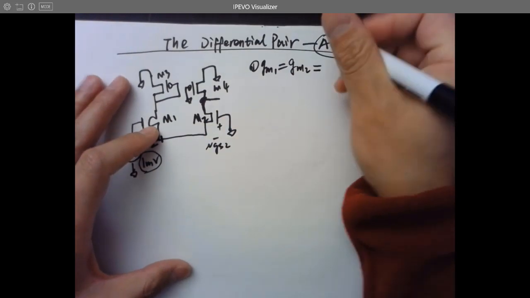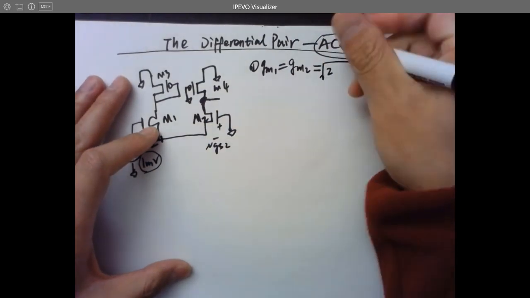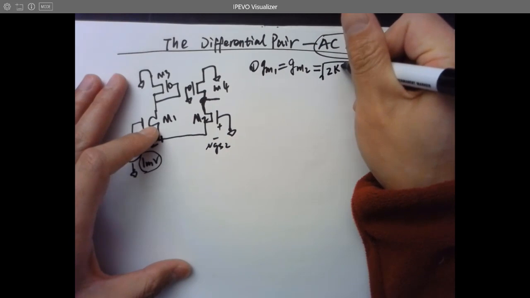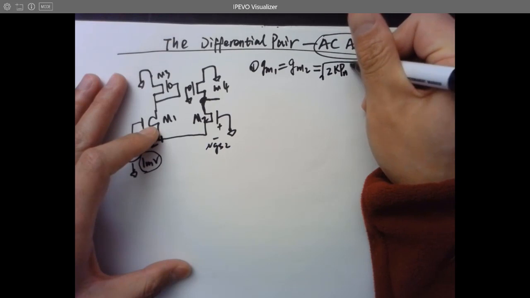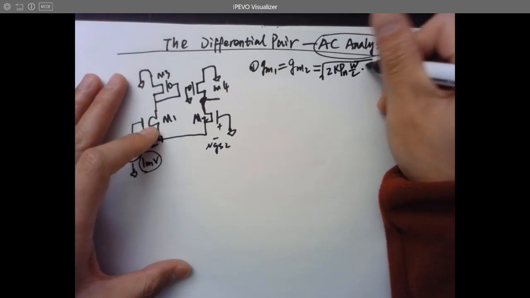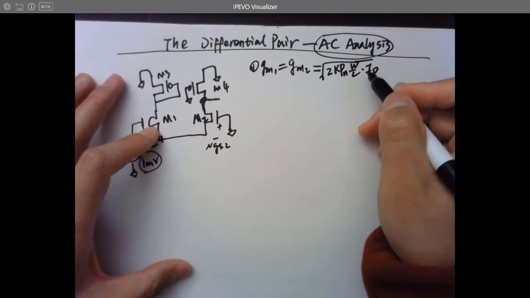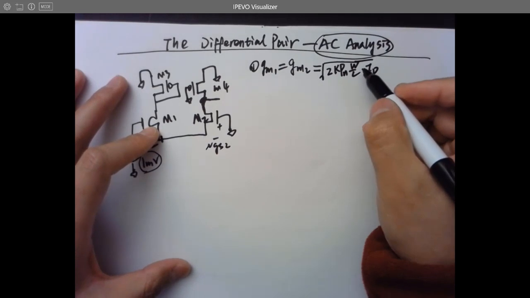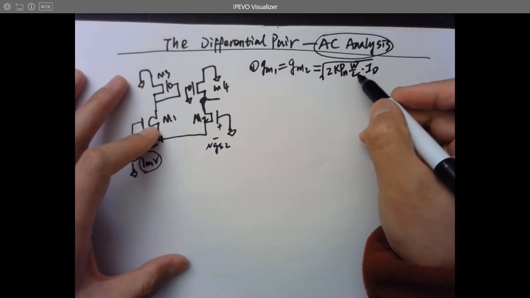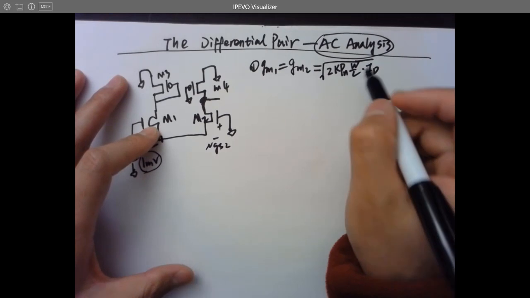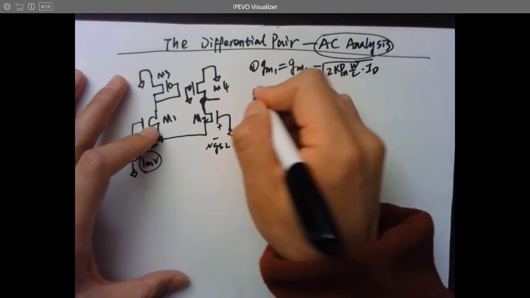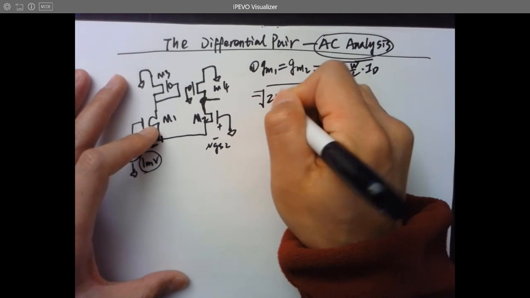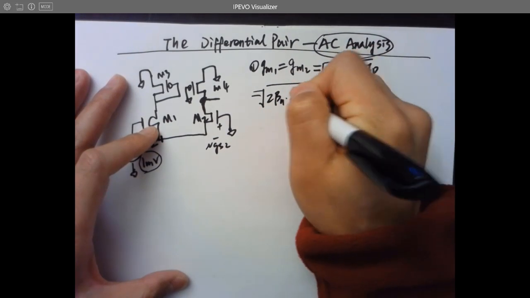And we derived it in one of the lectures previously, I think Monday's lecture this week, so refer to that if you don't know where this comes from. GM is also equal to the square root of 2 beta n times ID.